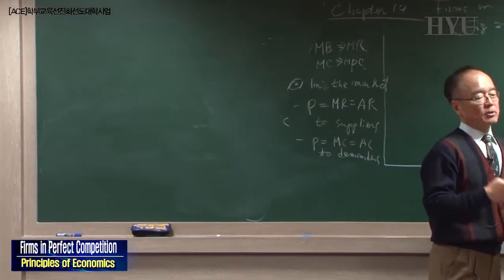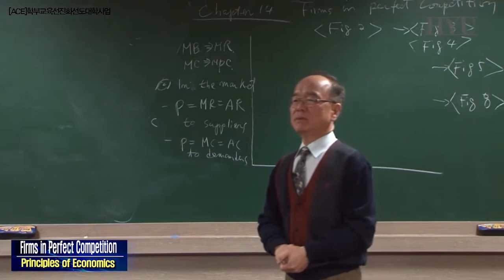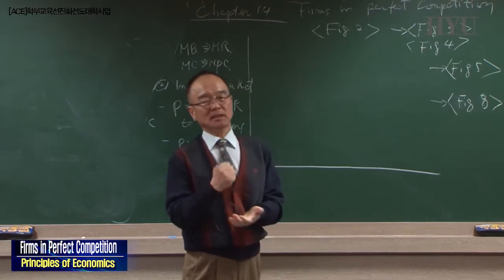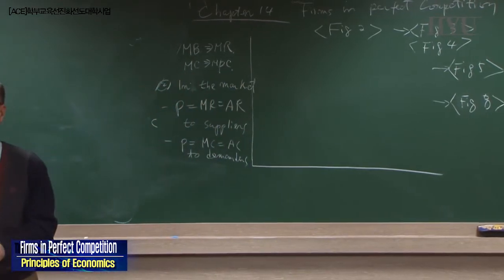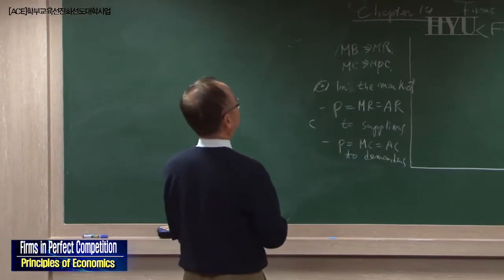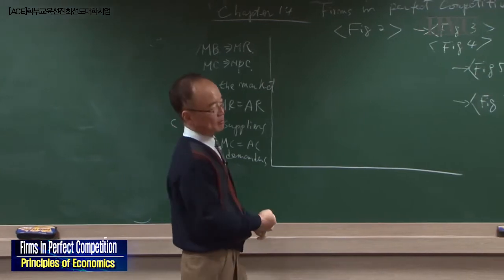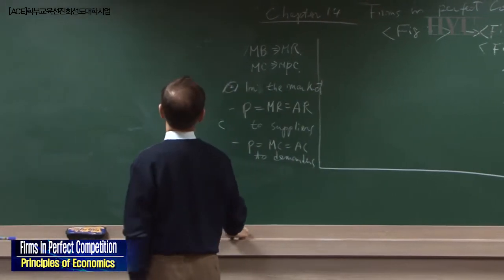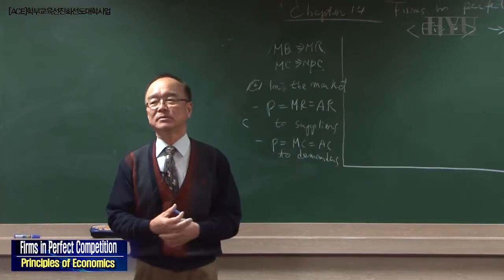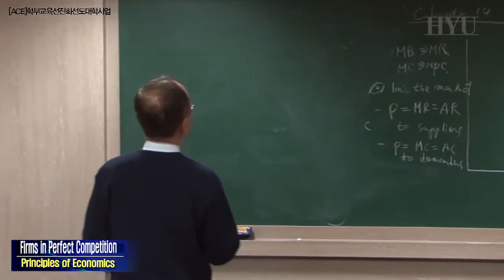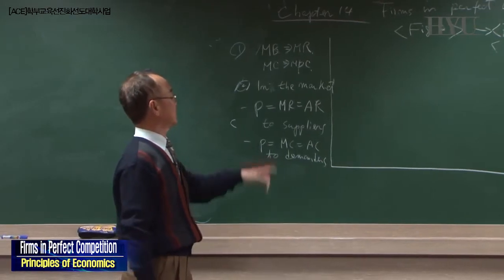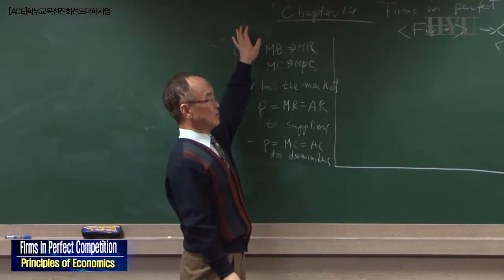So first of all, chapter 14 is about firms' behavior in a perfectly competitive market, or simply a competitive market, or a firm in perfect competition, their decision-making process. So to begin with, here we discuss firms' behavior. Okay. Firm or household, this is the general decision-making principle we understand.